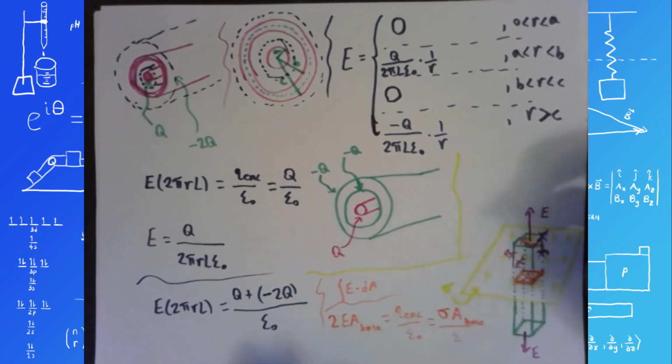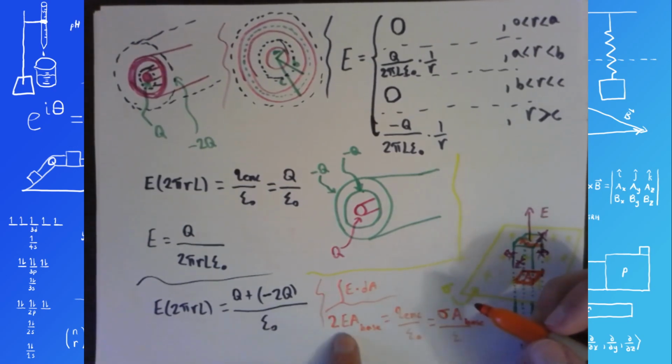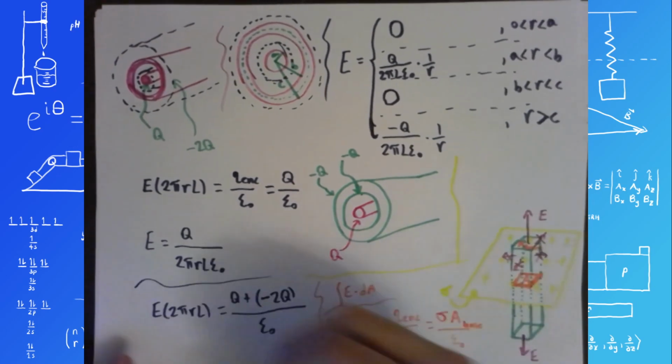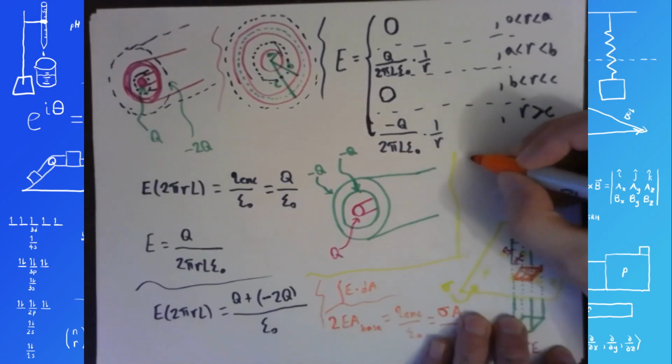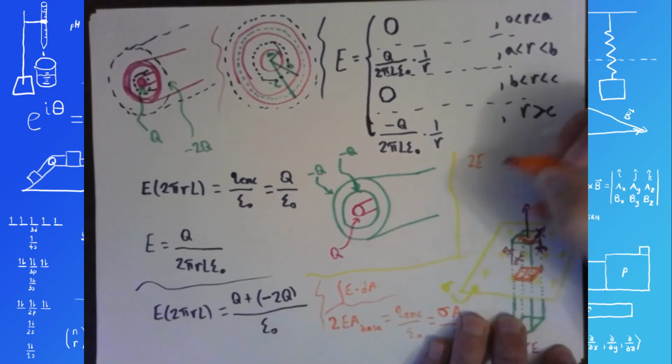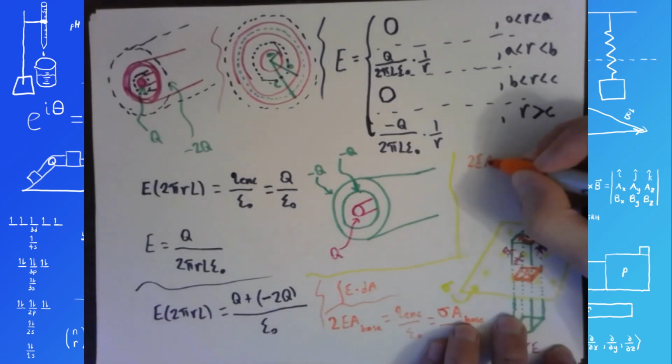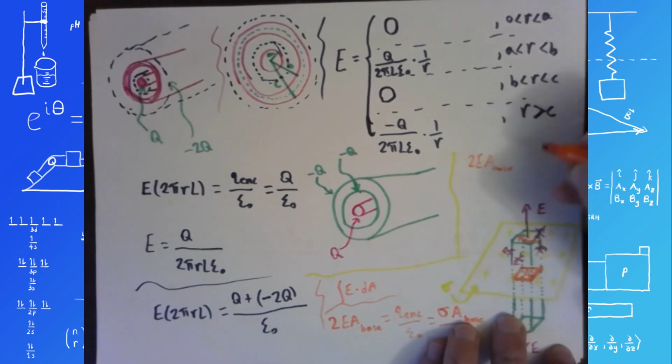The A's cancel out. So that leaves me with 2E equals sigma over epsilon naught. Let me write it up here. So 2E times A base equals sigma A base over epsilon naught.